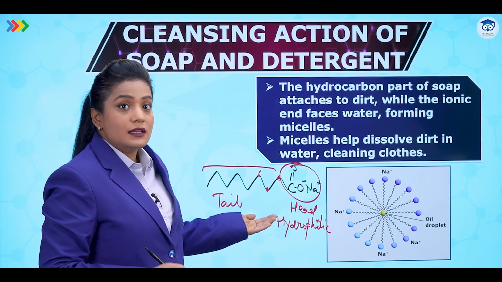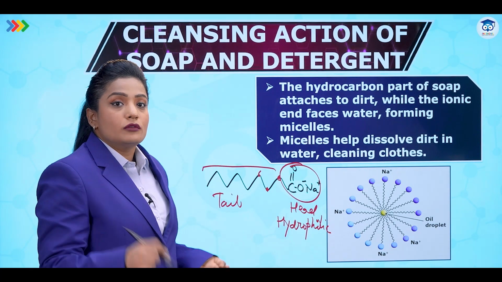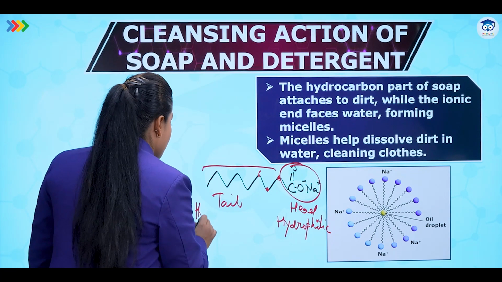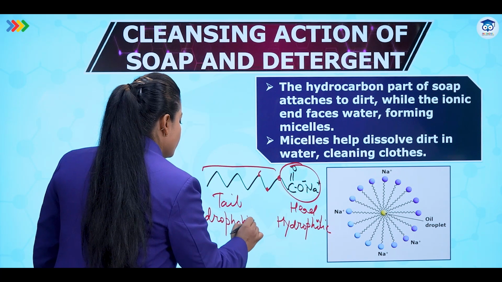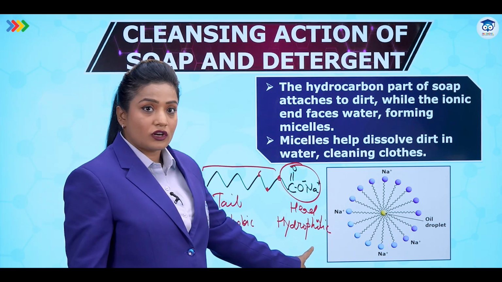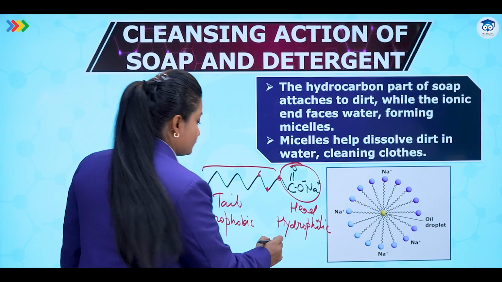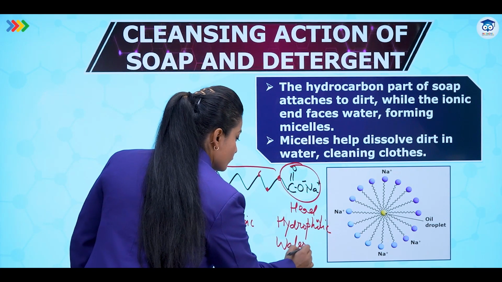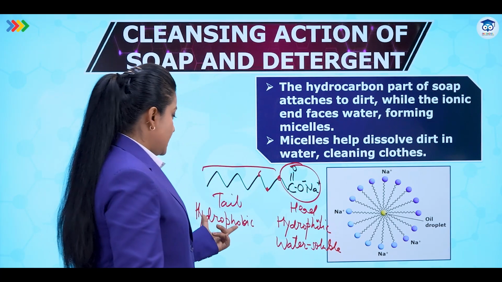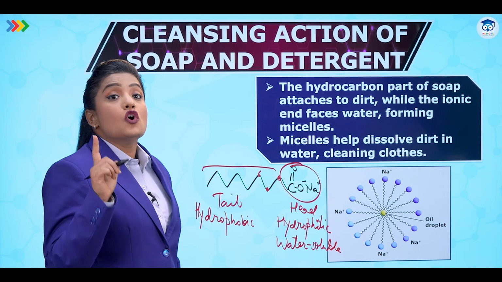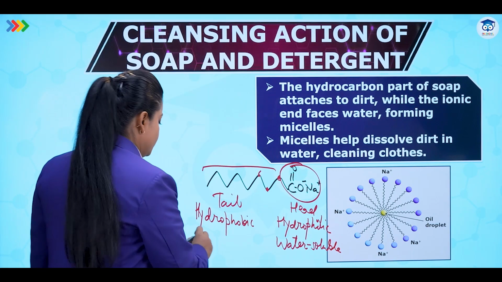While this tail is water insoluble, so we call it hydrophobic. When I say hydrophilic for the head, that means it is water soluble. While this tail is hydrophobic, so it will be oil soluble, not water soluble.